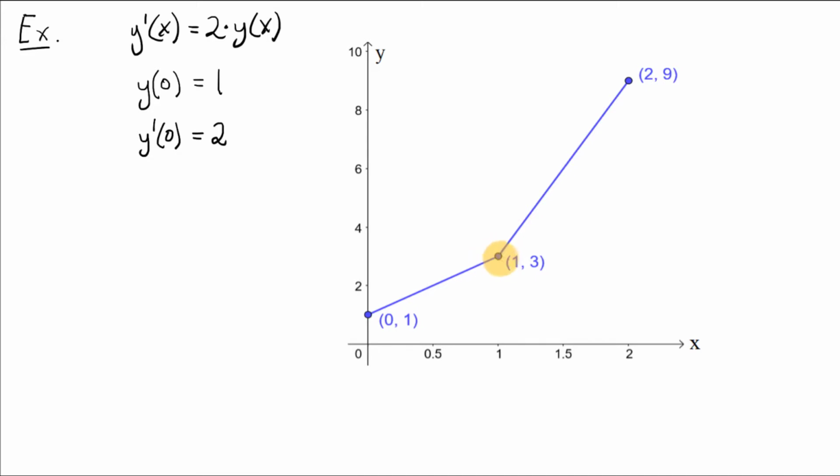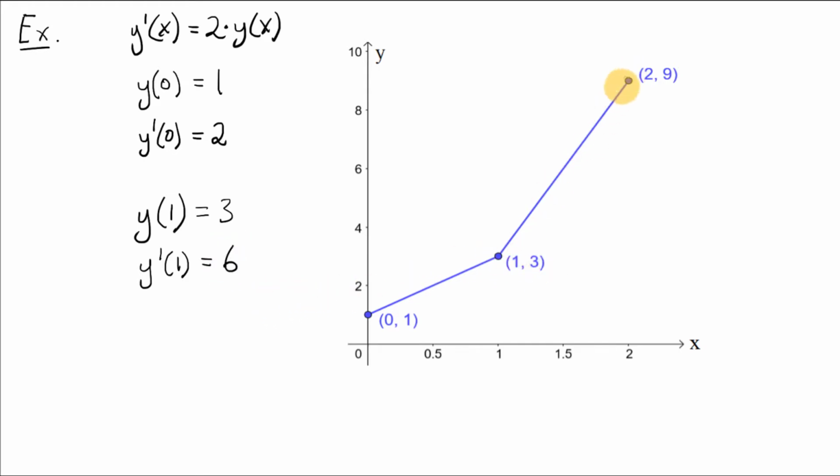If we now instead start here, that means that if we put in 1 into y, then we should be at 3. Then according to this, if it should be a solution to this one, then the derivative must be twice as large as this one. So at this point, the derivative should be twice that, so it should be 6.